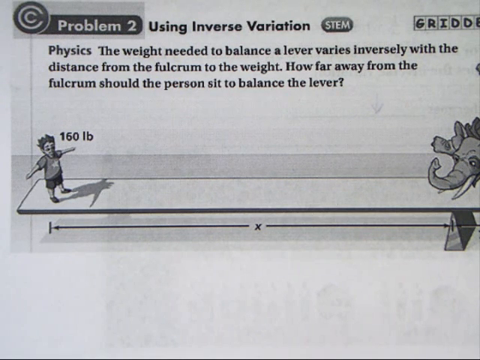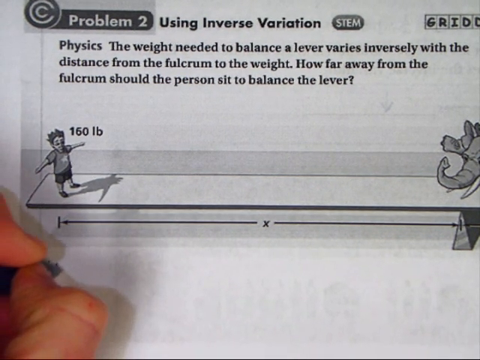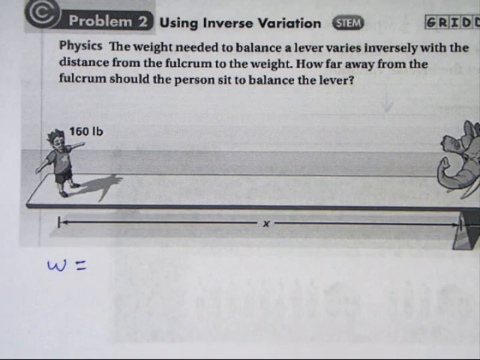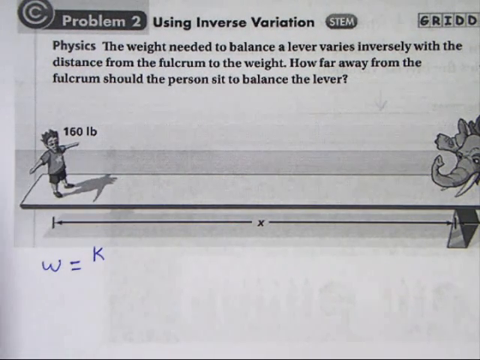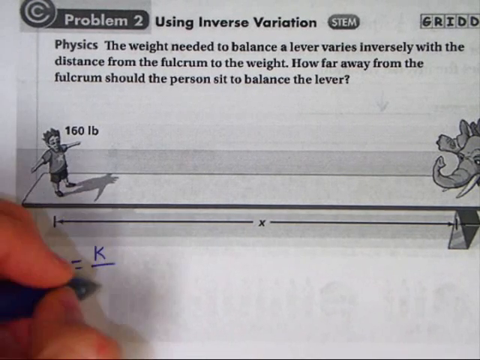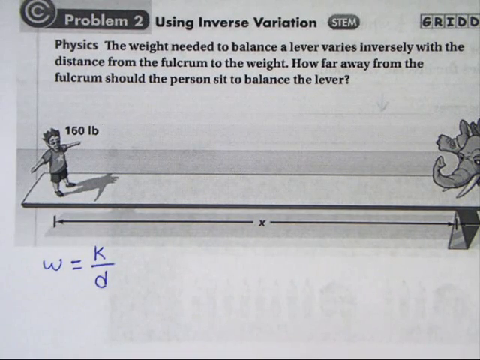Now we're going to make our equation. It says the weight needed to balance the lever varies inversely with the distance away from the fulcrum. So we're going to make this general equation of W equals K over D. Now we're going to plug in the numbers given to us in the chart.